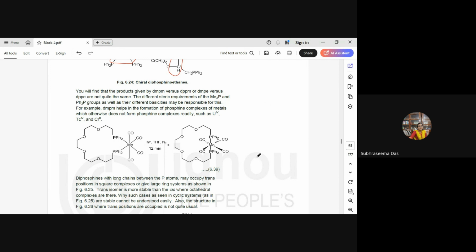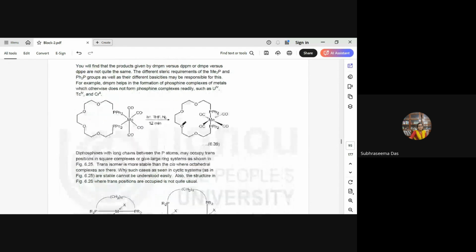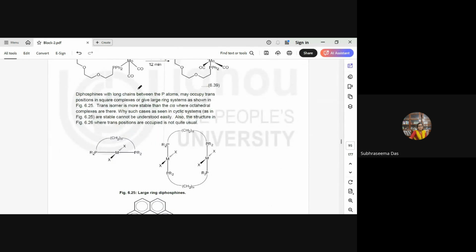So the product that is formed when we use different types of diphosphine ligands, the complexes that are formed are also different. Diphosphines with long chains between the P atoms may occupy trans positions in square complexes, or they give large ring systems, as shown here in figure 6.25. This is a large ring diphosphine.